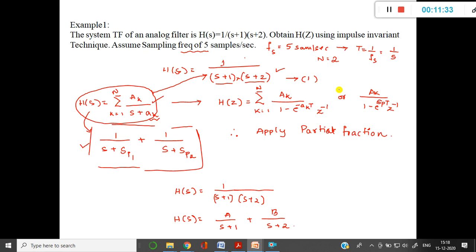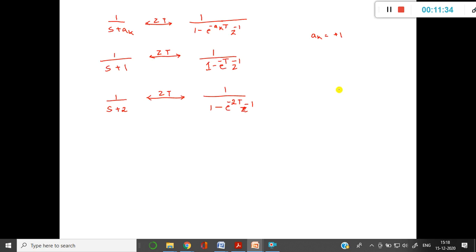So you already have this T value from the question, since the sampling frequency fs is given as 5 samples per second. Therefore if I calculate T, it will be 1 by 5.